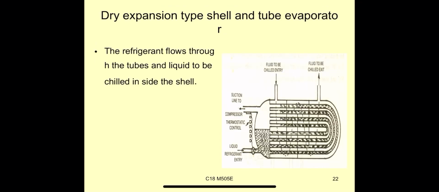Refrigerant flows through the tubes and the liquid to be chilled is inside the shell. So the refrigerant flows through the tubes, and the liquid to be chilled is in the shell, around the tubes.